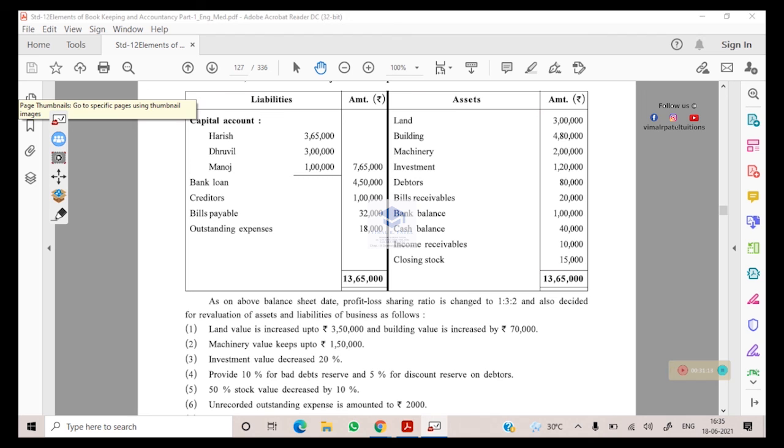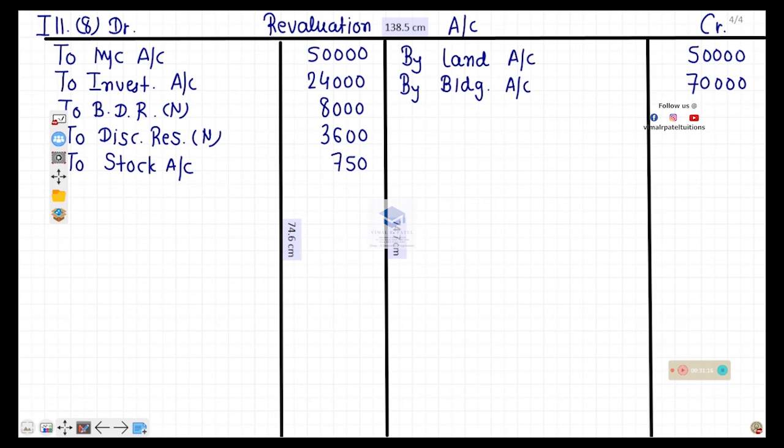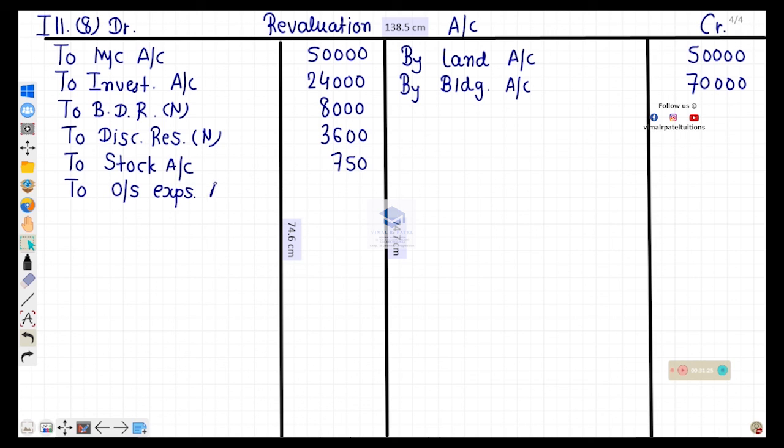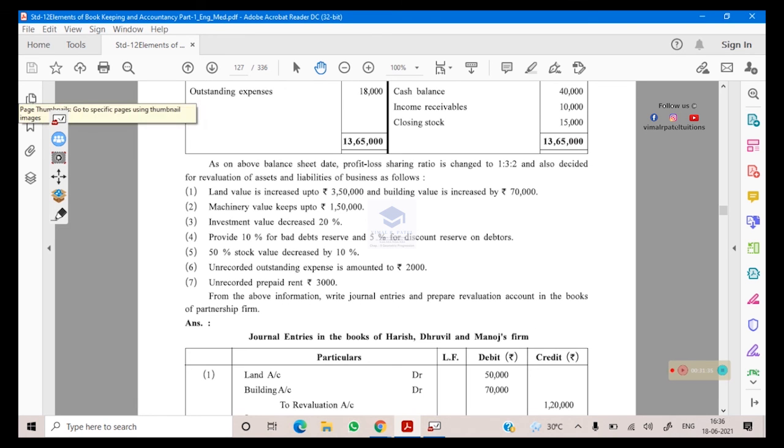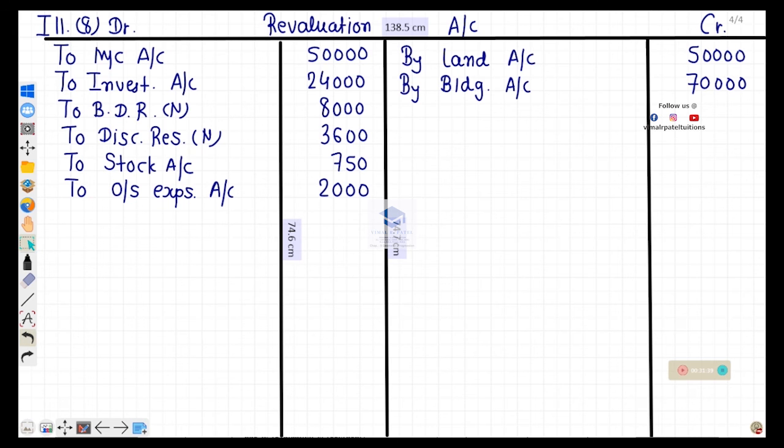Then unrecorded outstanding expenses amounted to 2,000. So the same will be debited to the revaluation account. Unrecorded prepaid rent 3,000. Prepaid expense, that will be credited to revaluation.